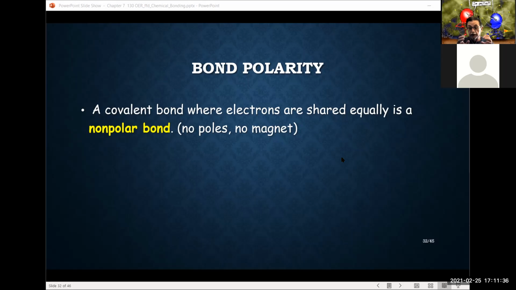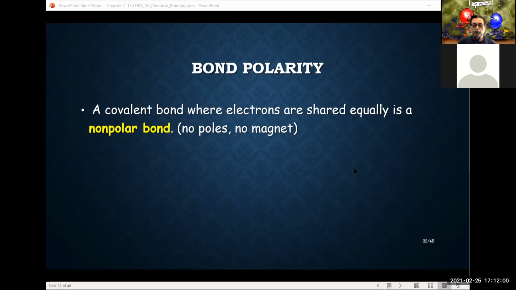Straightforward. If the two atoms in a covalent bond are the same, then we have a non-polar bond because those electrons are being shared equally. The other aspect is if the two atoms are different, guess what? Then you have a polar bond.